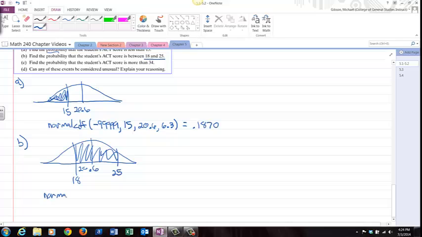Normal CDF. All right, this time we have a lower and an upper, right? Here's the lower, here's the upper. So the probability of being from 18 to 25, when the mean is 20.6 and the standard deviation is 6.3. All right, well, let's kick that into the calculator, see what it says.